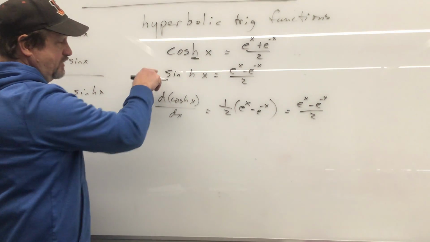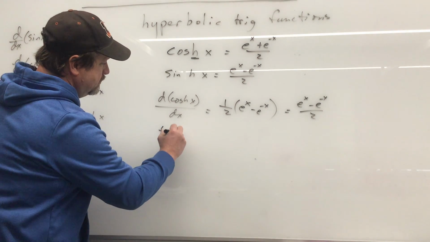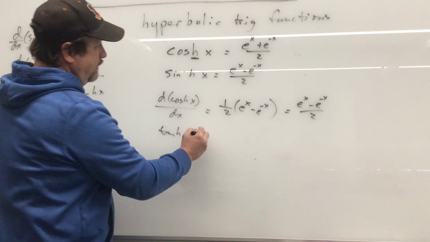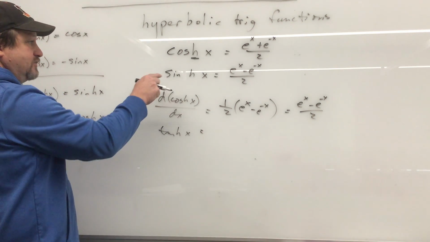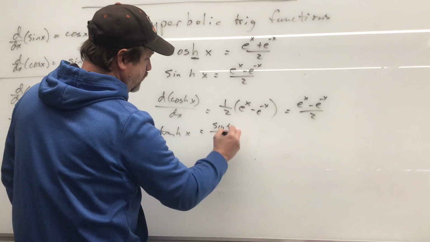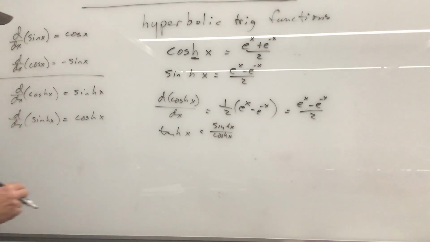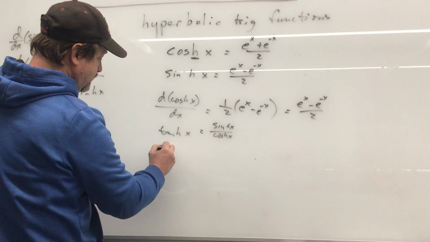So in addition to these two, we have 4 other hyperbolic functions. We have hyperbolic tangent, and just like regular tangent is sine over cosine, hyperbolic tangent is sinh over cosh, and we call it tanh.